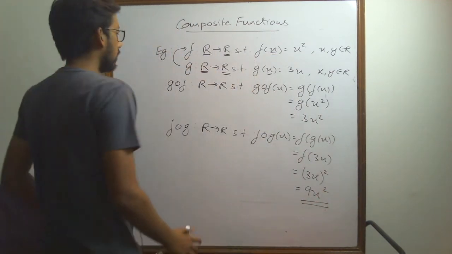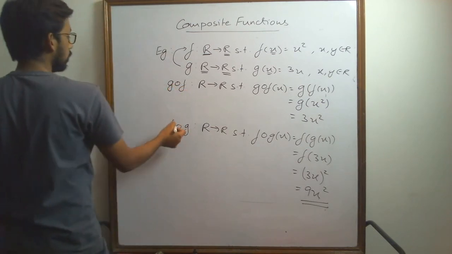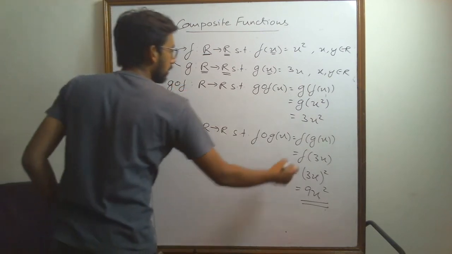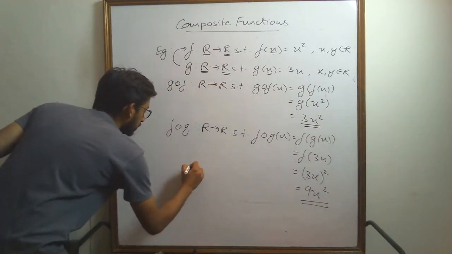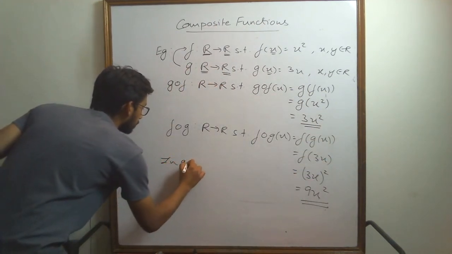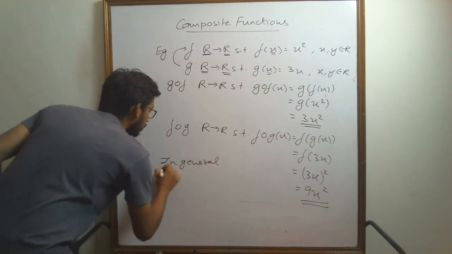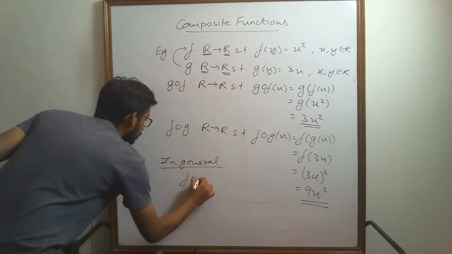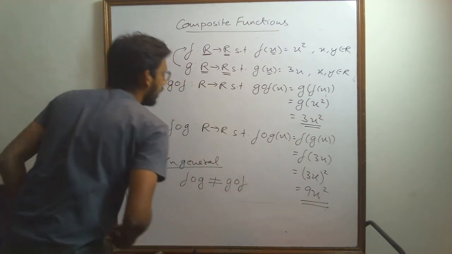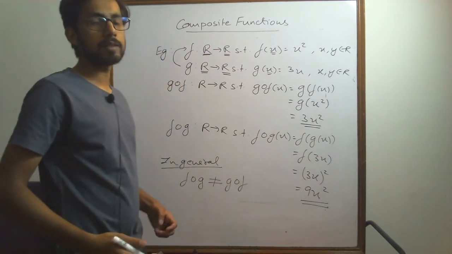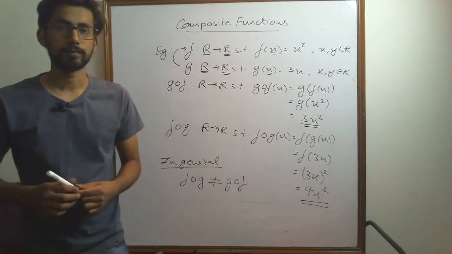So we see that even when both G of F and f of g are defined, both of them are different. So in general, f of g is not equal to G of F. They might be equal in some cases, but in general they are not.